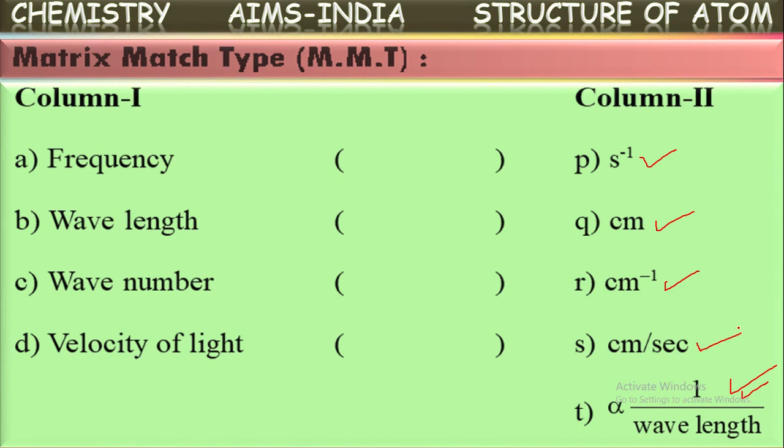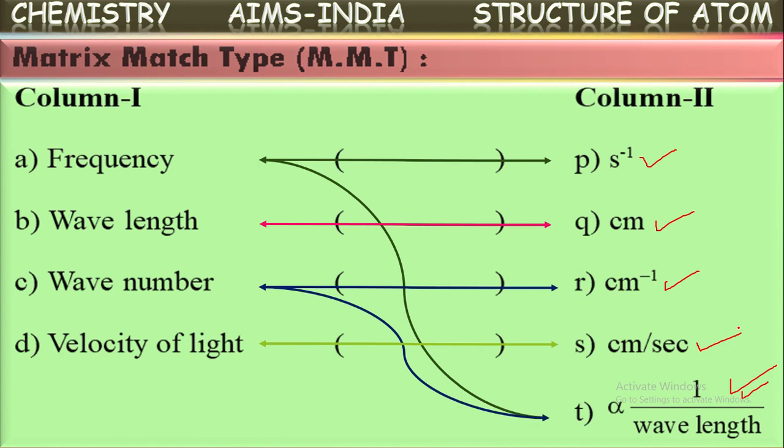Okay, they are the matchings. See the correct matching here. Frequency: second inverse and inversely proportional to wavelength. Wavelength: centimeters. Wave number: centimeter inverse and inversely proportional to wavelength. Velocity of light: centimeters per second. Check the matching ones carefully whether they are correct or not.